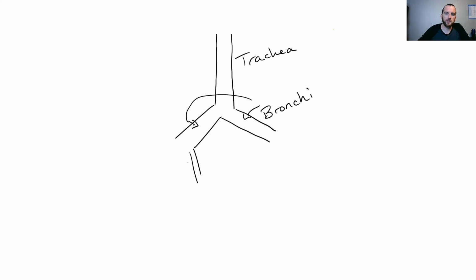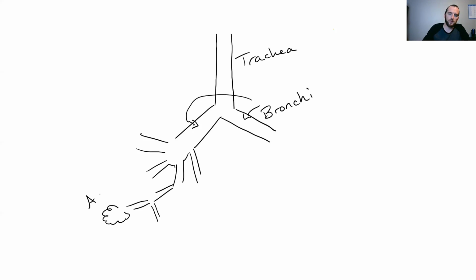Those big branches start branching down into smaller branches, and off of those are smaller branches, until eventually it gets all the way down to the alveoli level, which is where all the gas exchange is actually happening to get oxygen to the bloodstream and the CO2 out of the bloodstream. So the bronchi are the big branches, and the tiny little branches further down are the bronchioles.